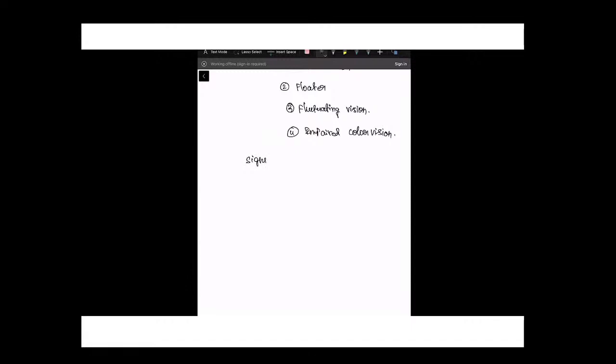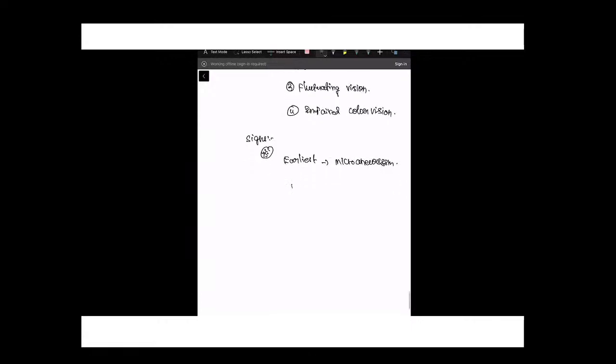Signs are important. Earliest manifestation is going to be microaneurysm. Hallmark is going to be the neovascularization.